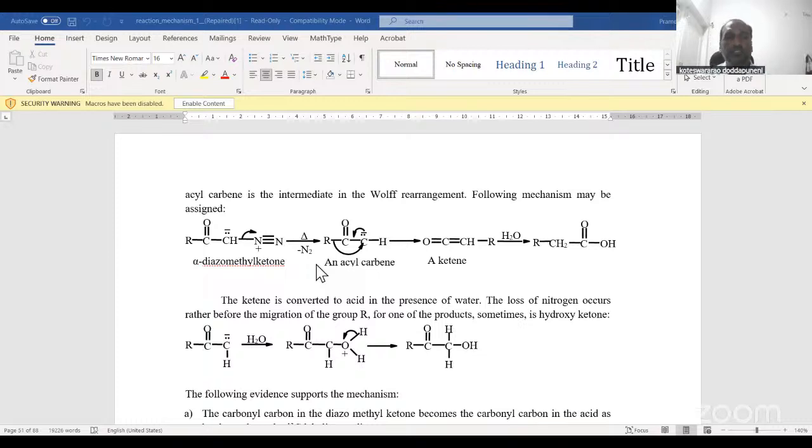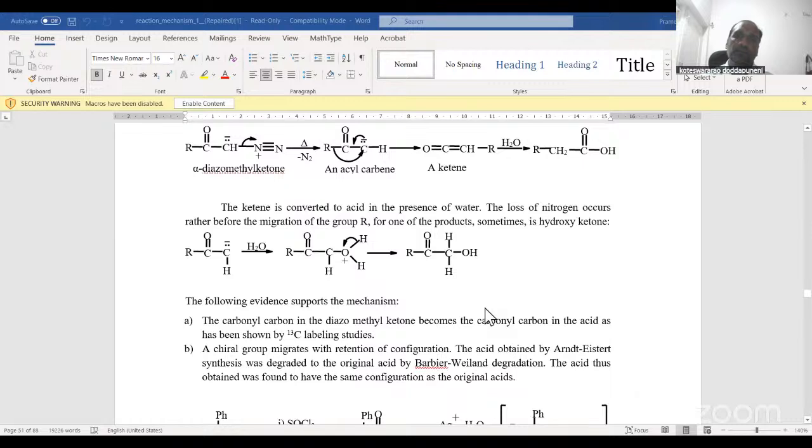In the Wolff rearrangement, a diazomethyl ketone, on heating, releases nitrogen gas along with the formation of a carbene. This carbene further undergoes rearrangement that leads to the formation of a ketene. That ketene reacts with water and leads to the formation of a higher carboxylic acid.